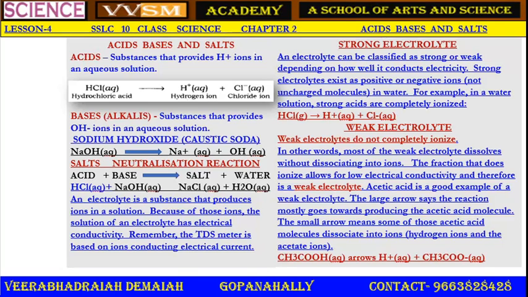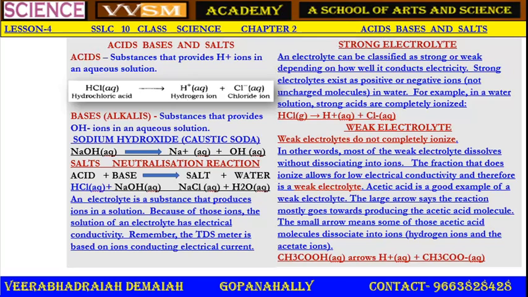salt. An electrolyte is a substance that produces ions in solution. Because of those ions, the solution of an electrolyte has electrical conductivity. Remember, my dear friends, the TDS meter is based on the ions conducting electrical current. Strong electrolyte: what is a strong electrolyte? A substance which dissociates completely into its respective ions in the aqueous condition comes under strong electrolytes.